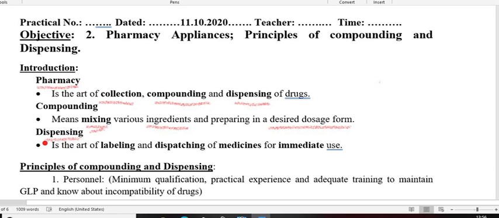After the preparation of a pharmacy preparation, you have to get it labeled, and that label should be pasted over the container in which you have kept the preparation, and thereafter you have to dispatch that medicine or pharmacy preparation for its immediate use to the patient. So this is all about the definition of pharmacy and other related terminology that we already discussed.